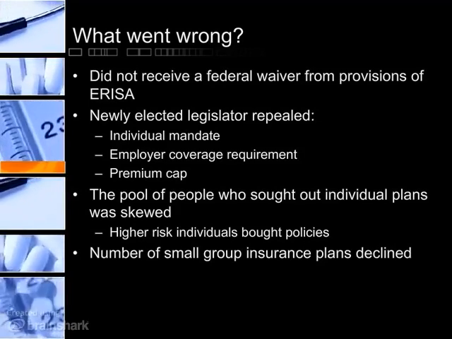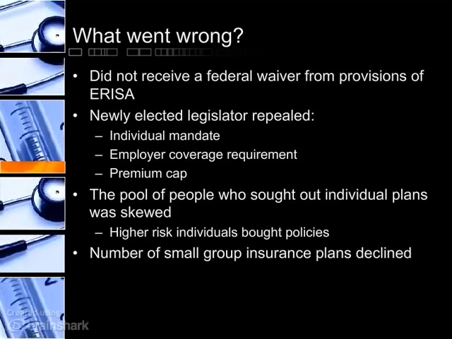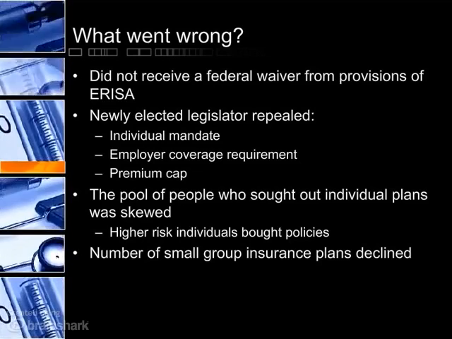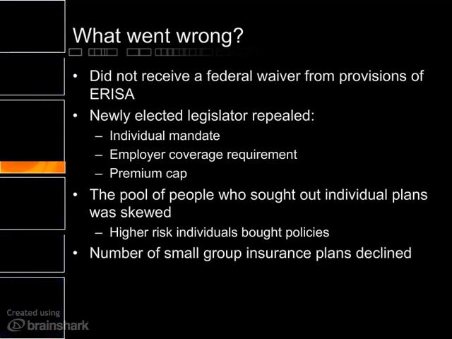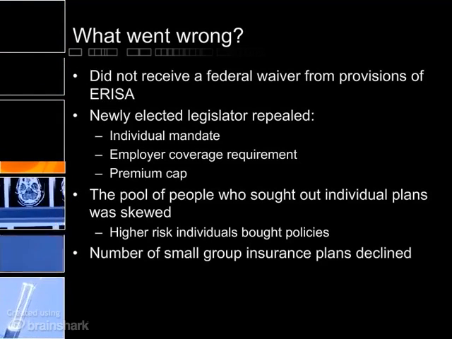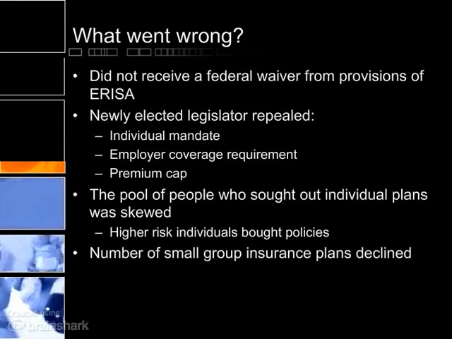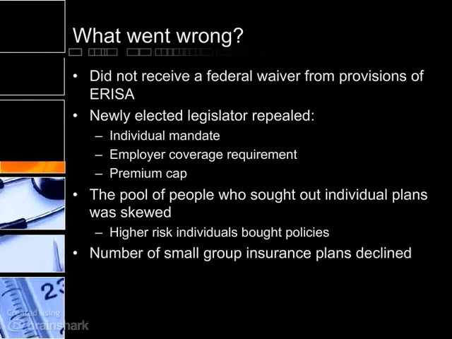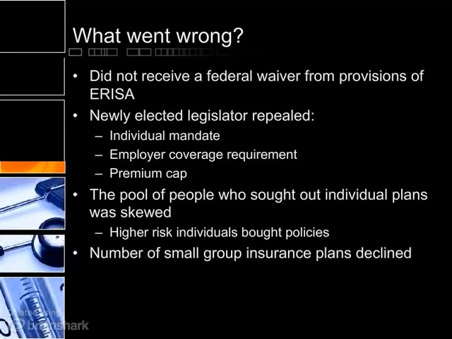So what happened to that law that was passed? Well, it was a train wreck. It was very sad. It didn't take long for this to just completely go down the tubes. We didn't receive a federal waiver from the provisions of ERISA.